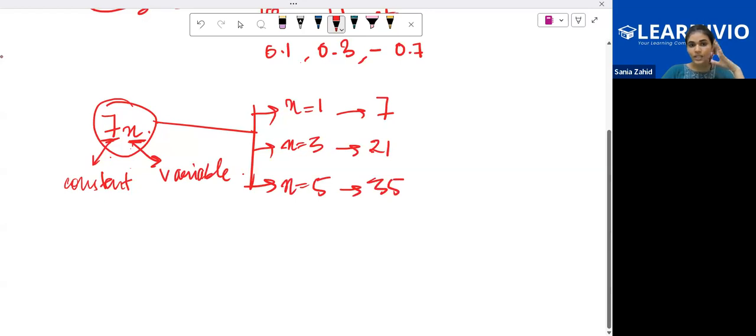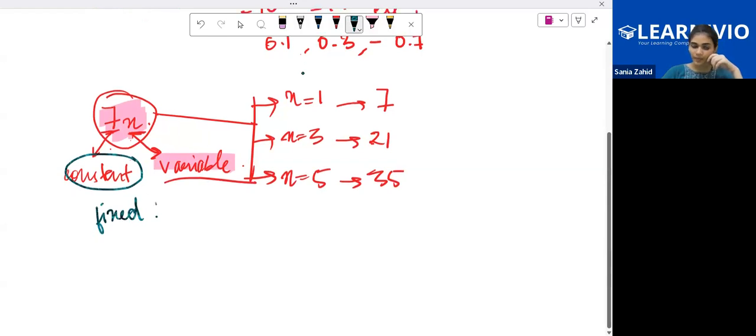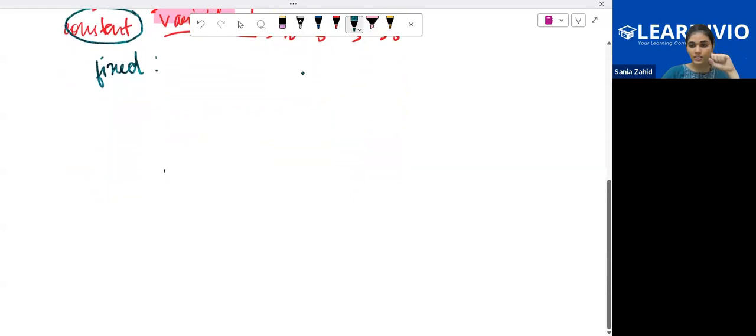So what we are trying to do right here is to see that on changing the variable, the entire value of the term changes. So it is directly dependent on the variable. But the constant remains fixed. It is a fixed value. We cannot change the constant. Is this much clear to you? Okay, good. So this is the concept of constants and variables.